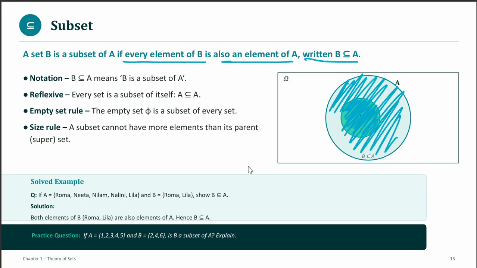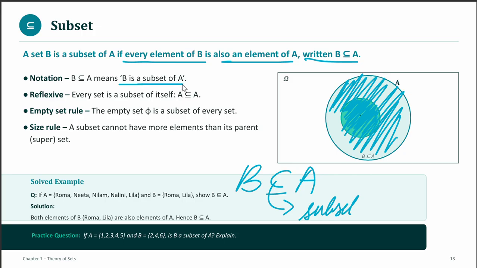That means we can say that B is a subset of A. This is how we denote a subset. So B is a subset of A means that B is contained in A.